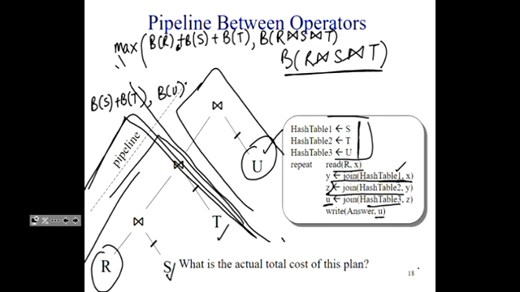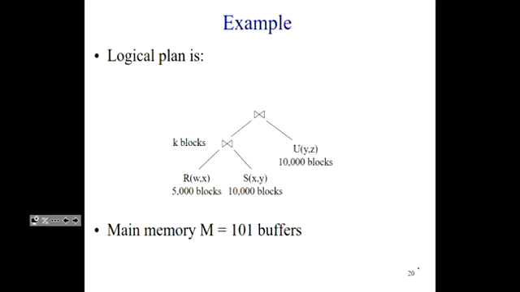All right, so let's move on to a slightly more complex example. Here there are many different alternatives, and I want to walk you through some of them. This is a fairly complex example, so if you don't follow completely in class, go back and stare at it. This is just an indication of how complex query optimization can actually get.